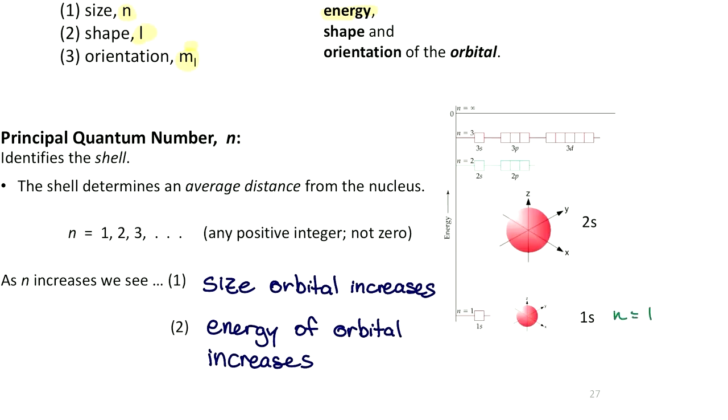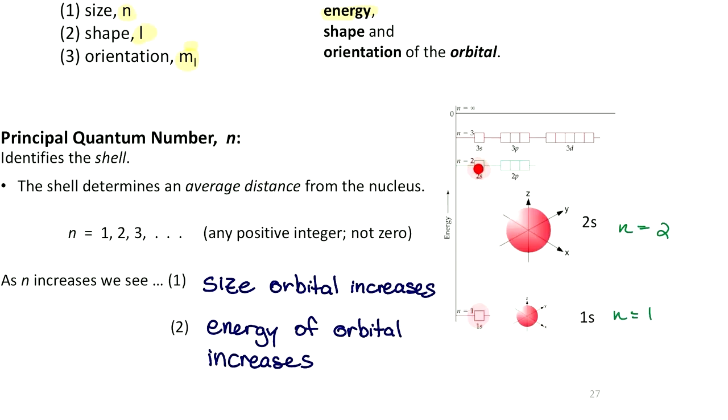It's specifically an s orbital. We'll talk about that later, but we see that the shape here is smaller. Finding an electron in an n equals 1 orbital, you're going to be overall closer to the nucleus compared to an n equals 2 electron. That would be like this electron up here, while this electron down here would be 1s.